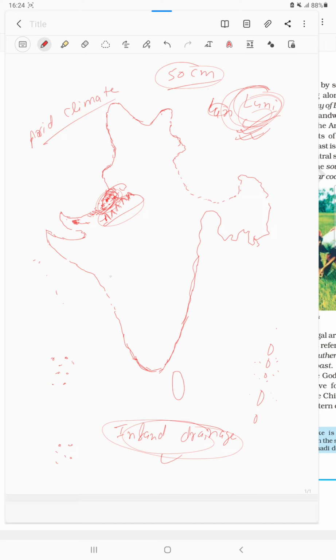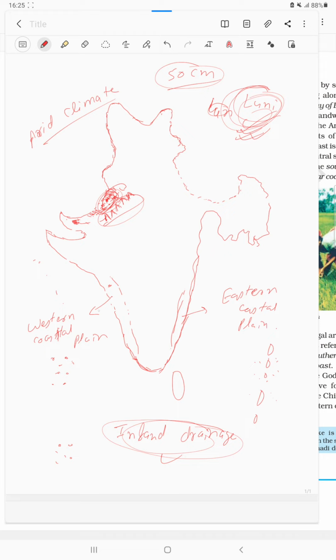I already explained the Western Ghats in the previous video. This is the Western Ghats, and here is the Eastern Ghats. India has two coastal plains: one is the Western coastal plain, and another is the Eastern coastal plain.